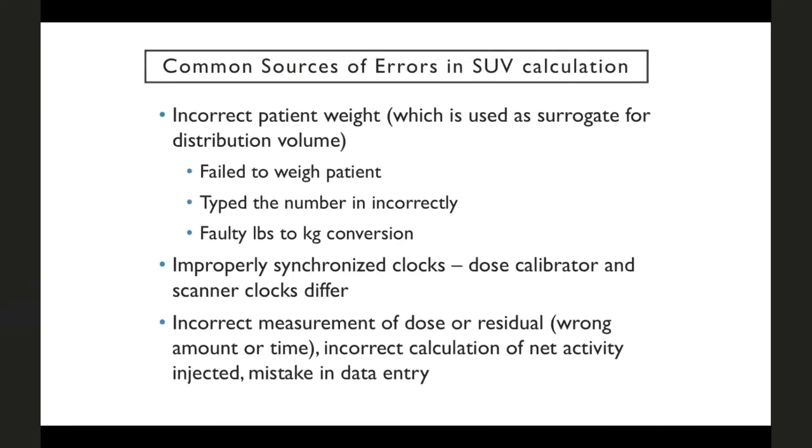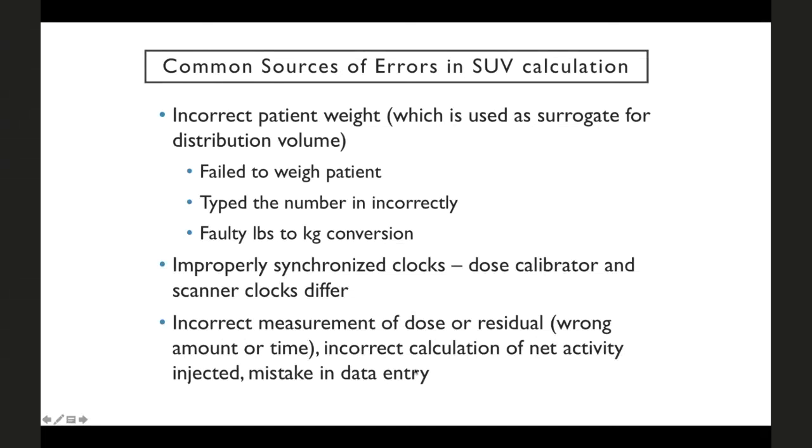If the clock on the dose calibrator is different from what's on the scanner, the scanner is going to base it on its own clock. And so you can end up with errors introduced by the fact that the times you're entering into the scanner aren't scanner time, they're dose calibrator time. So you need to make sure that they're at the same time.